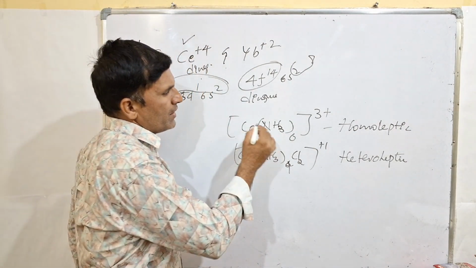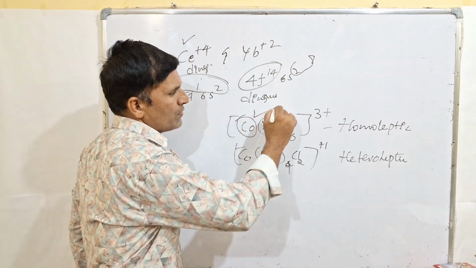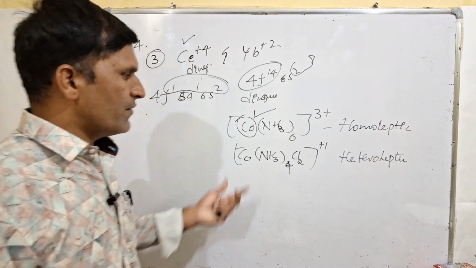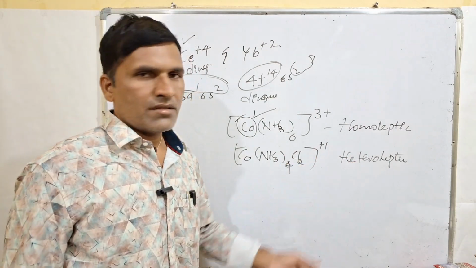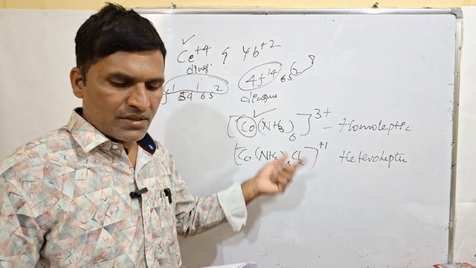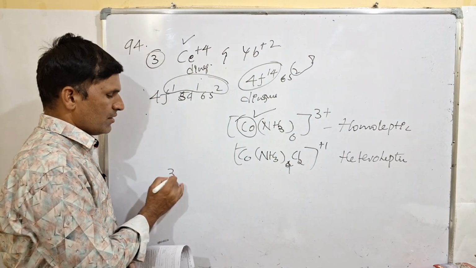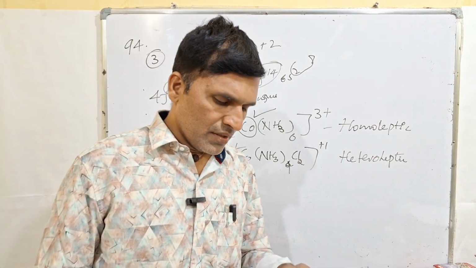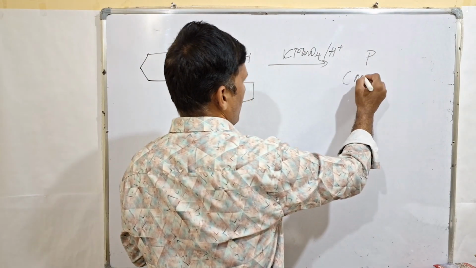See, homoleptic means in the complex, if the central metal atom is bonded with only one type of ligand, then it is called homoleptic. And if it is bonded with two or more different ligands, then it is called heteroleptic. So therefore, first statement as well as second statement is true. So therefore, the third option, statements 1 and 2 both are true, is correct. Okay. So the next question, what is a major product they are asking?